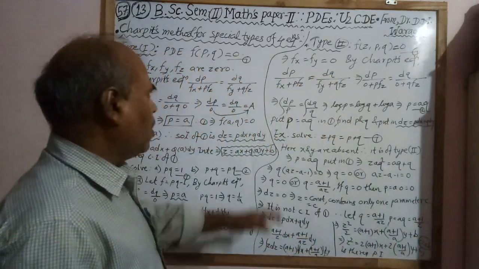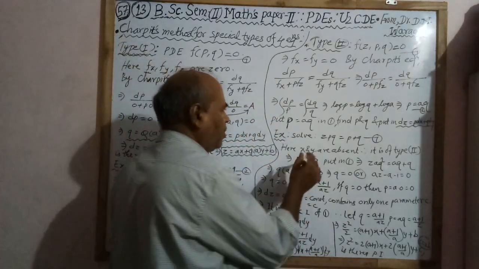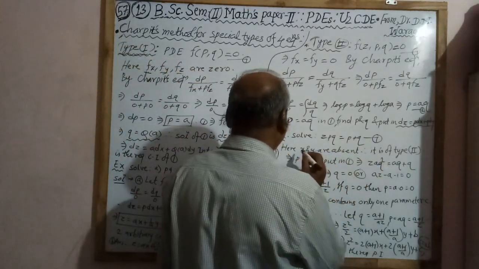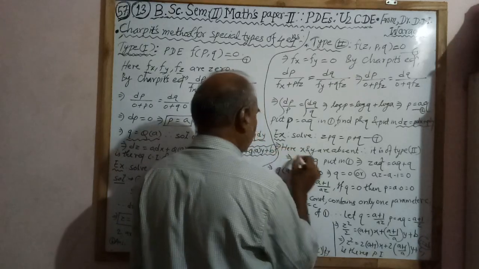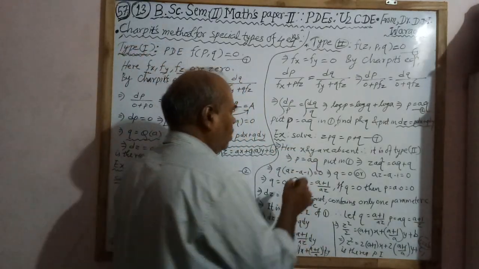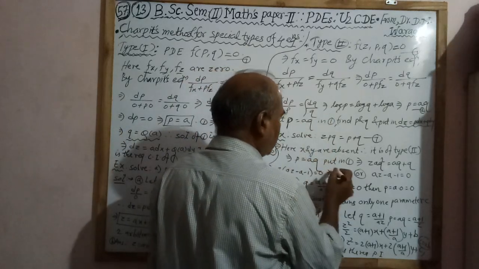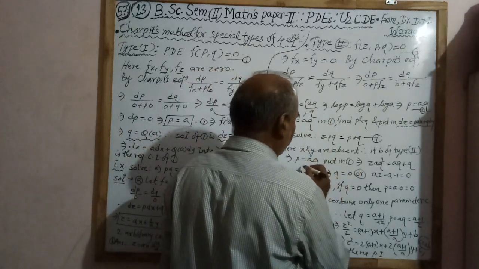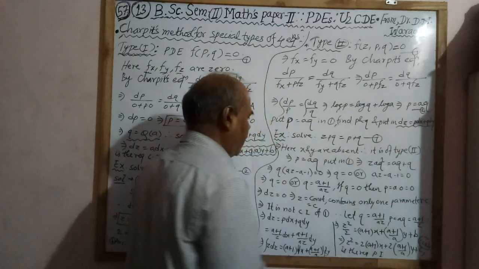Next example of this type, we consider z pq equal to p plus q. Here x and y are absent. Therefore we write fx and fy are 0. Again it is of type 2, therefore p equal to aq. Put this value of p equal to aq in the given equation.